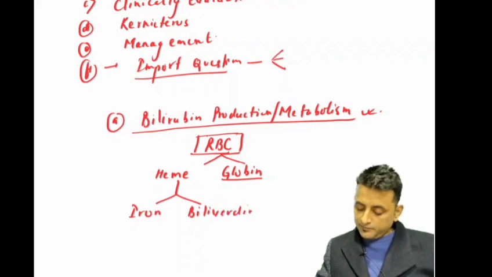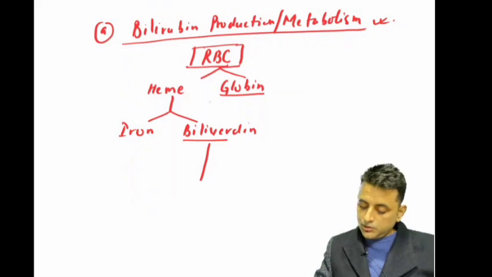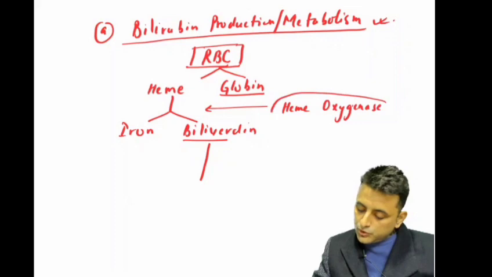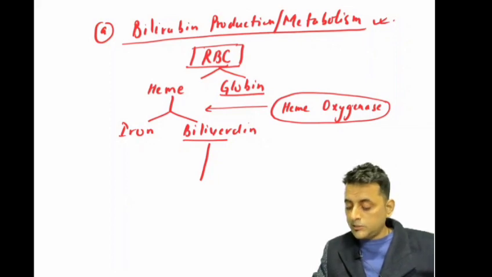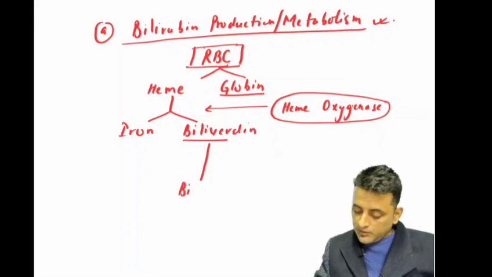So this biliverdin is now reduced. The enzyme here is heme oxygenase. You should remember this name. Heme oxygenase is important in the management aspect also. I will talk about it later. So biliverdin is converted into bilirubin.